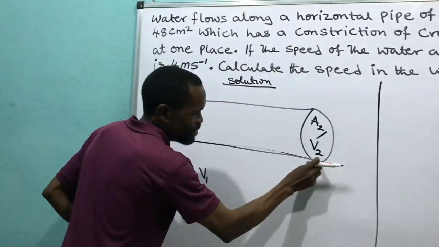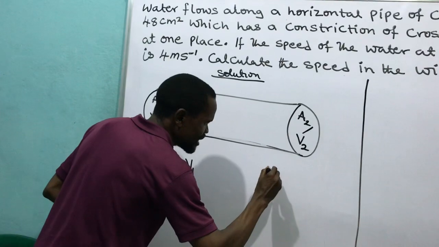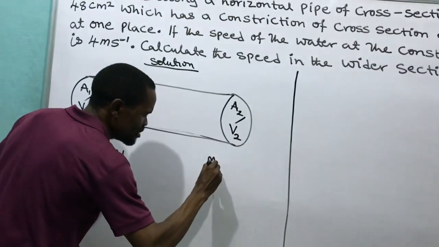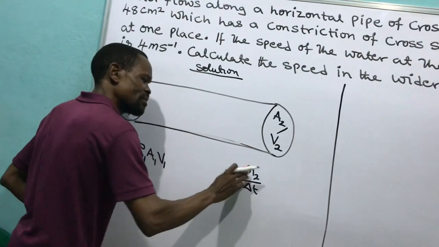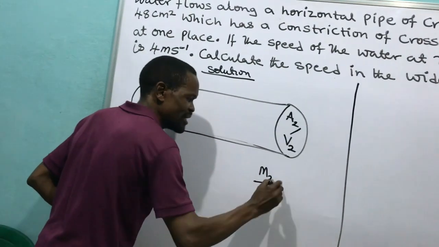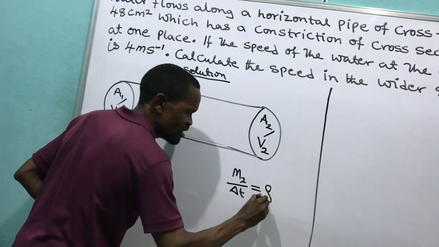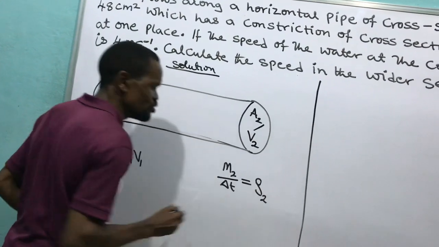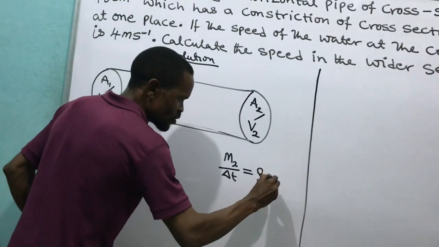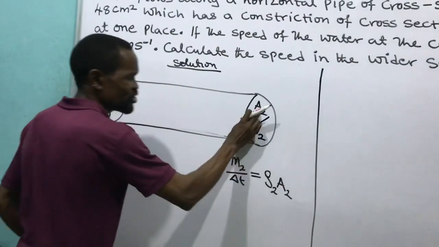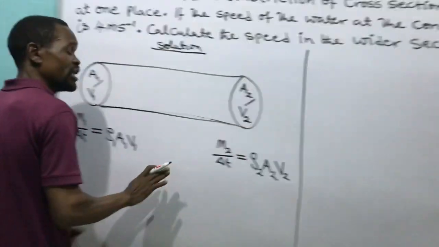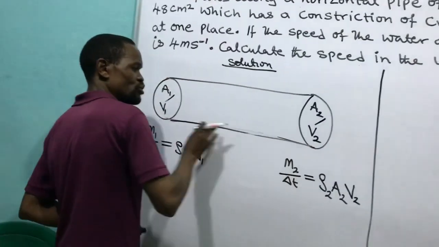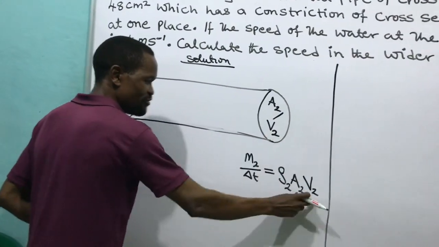The mass per second gushing out here, mass 2 over change in time, is equal to density 2, cross-sectional area 2, and velocity V2.